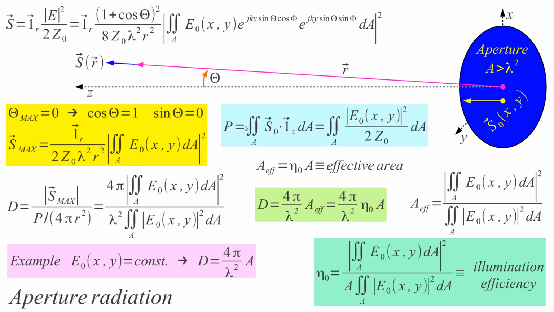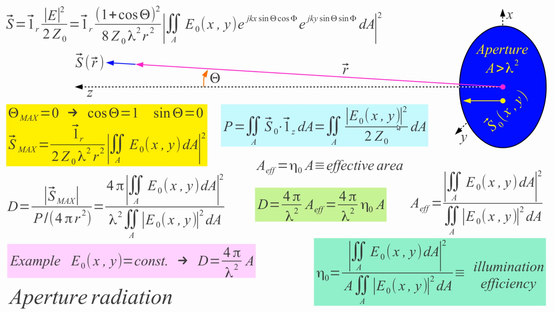However, for the whole power radiated by this aperture, we could integrate in the far field, but integrating such a radiation pattern in the far field is very difficult mathematically. It's much easier to integrate the power that's flowing through this aperture. We just integrate on the surface of the aperture.